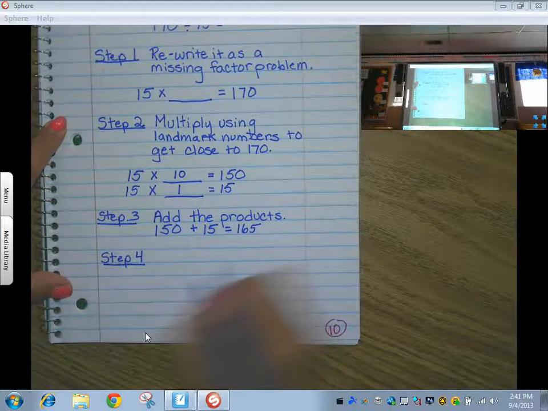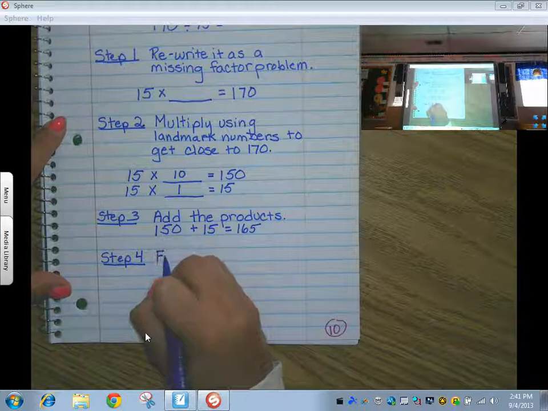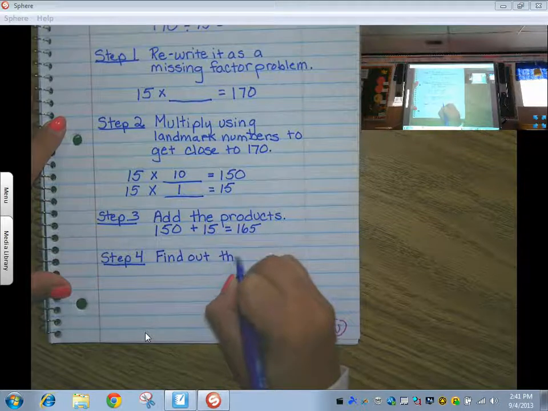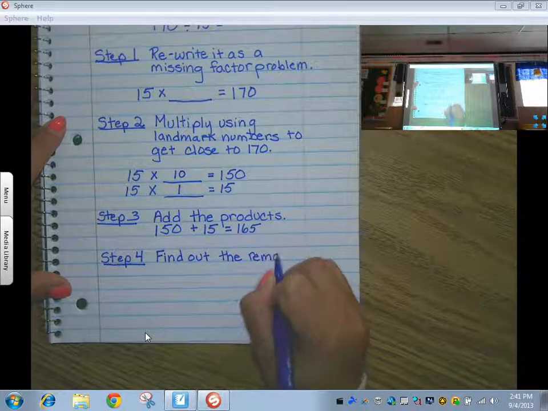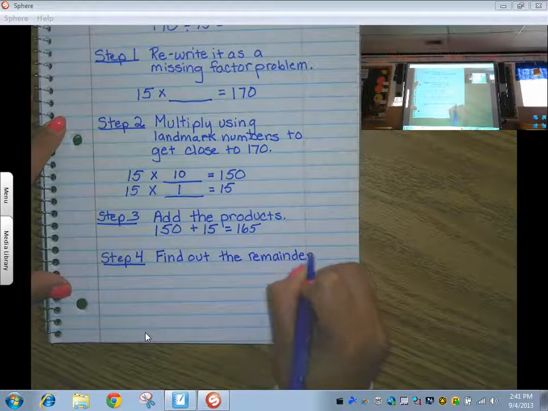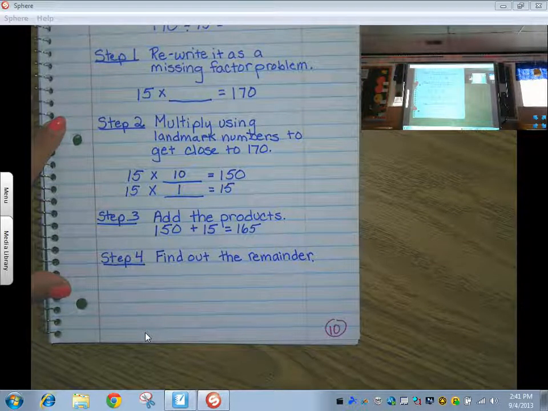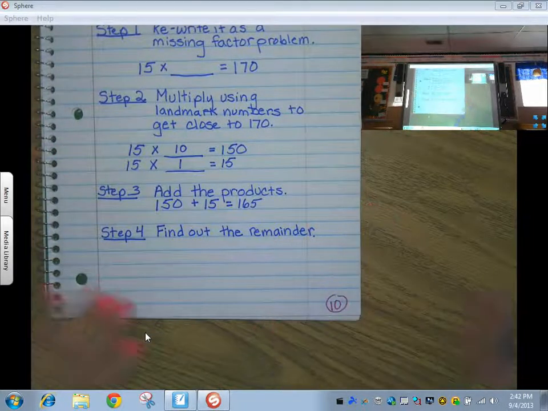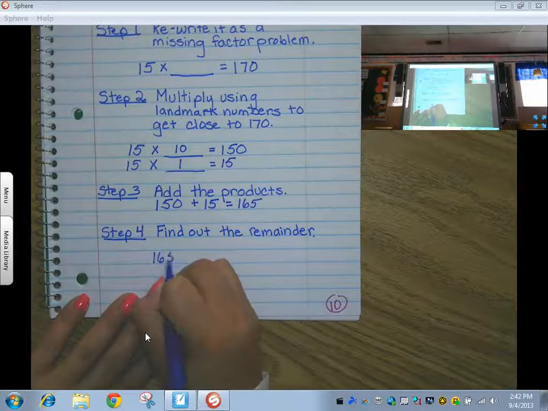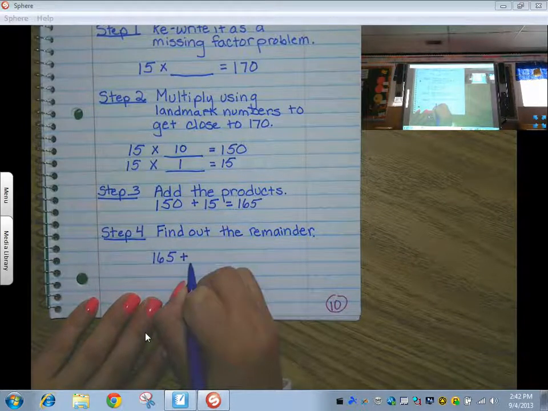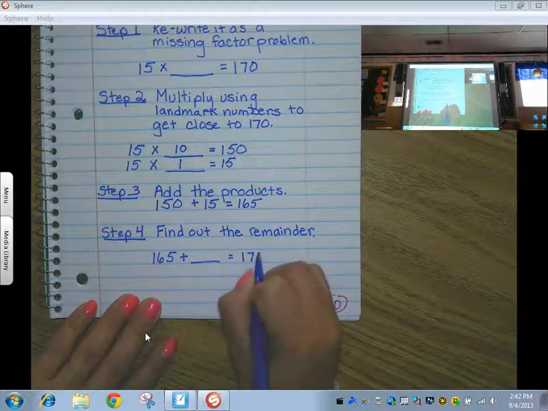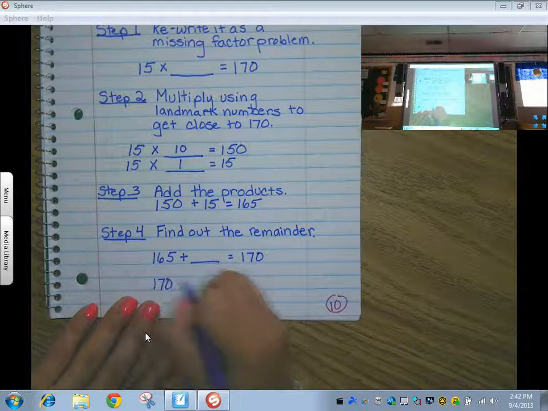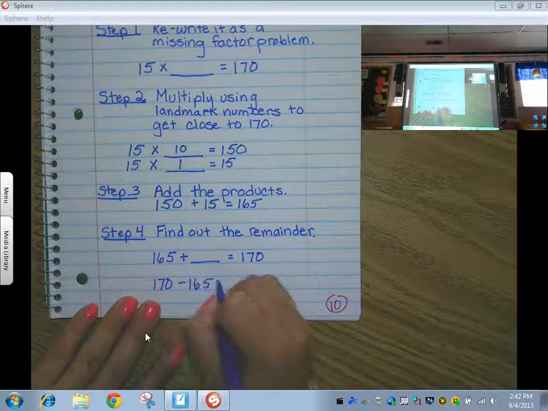You're thinking 165 plus blank is 170. Or you might be thinking 170 minus 165. You might think about it either way. Either way, what's the answer? 5. So then, we know R equals 5. Are we done? No. I'll let you finish copying this so I can flip my page.